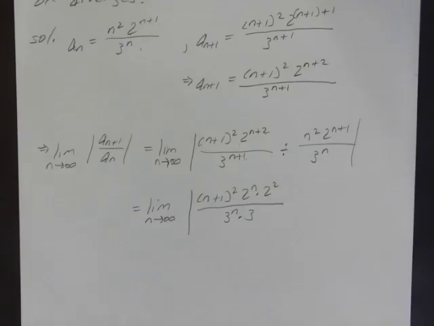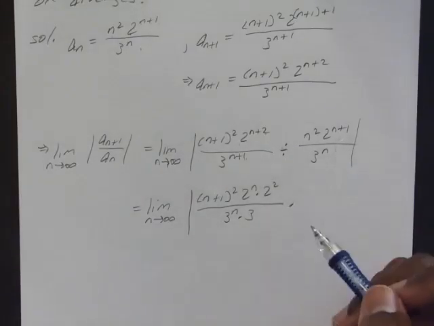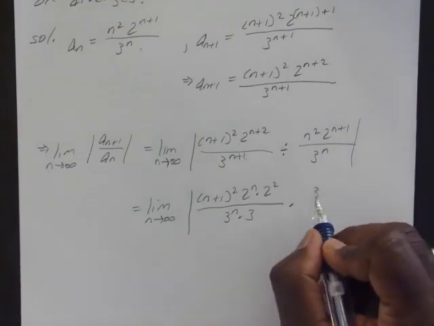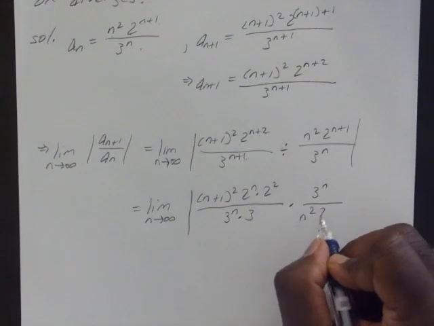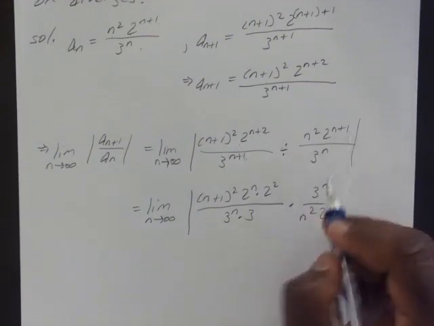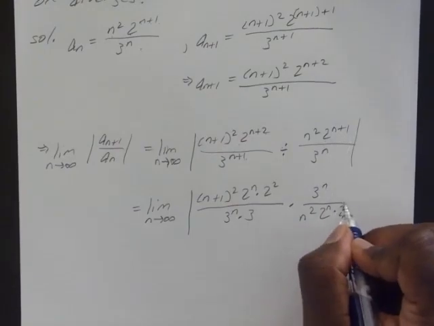If you're dividing fractions, of course, you change division to multiplication, then you can just flip the second fraction. That's 3 to the power of n divided by n squared times 2 to the power of n plus 1. We could just make that 2 to the power of n times 2.